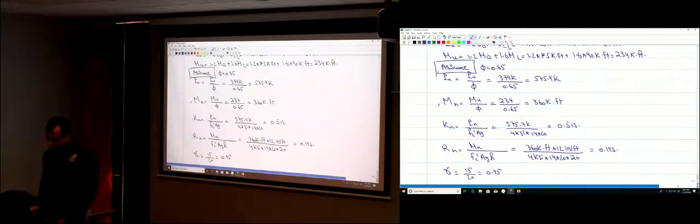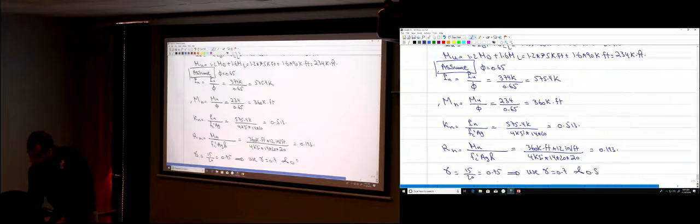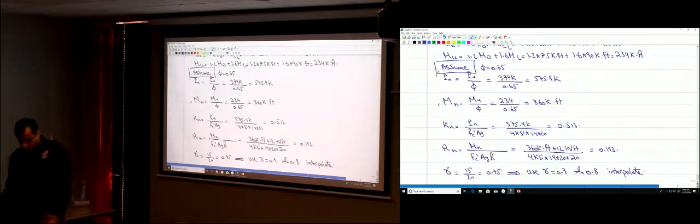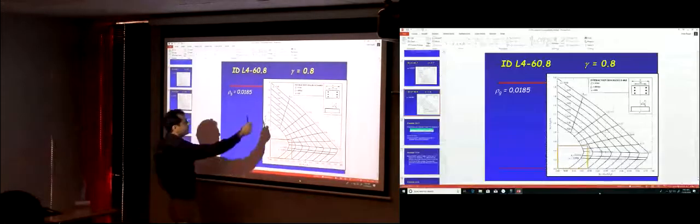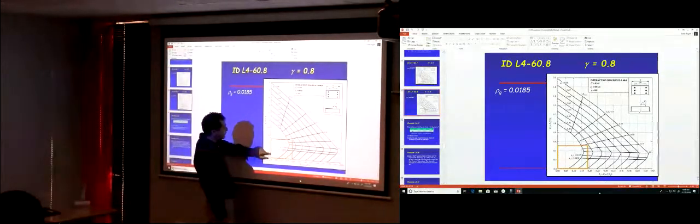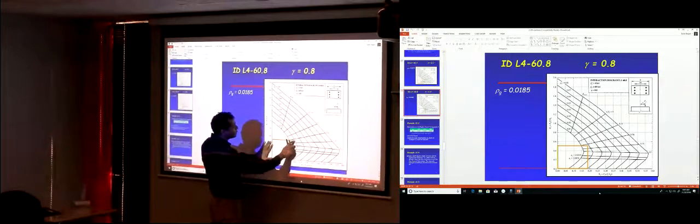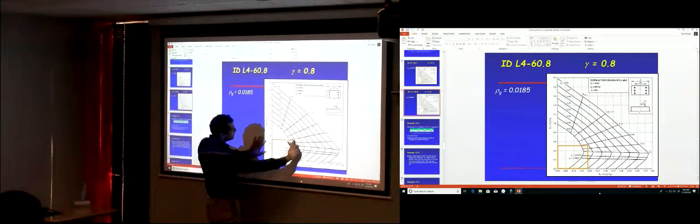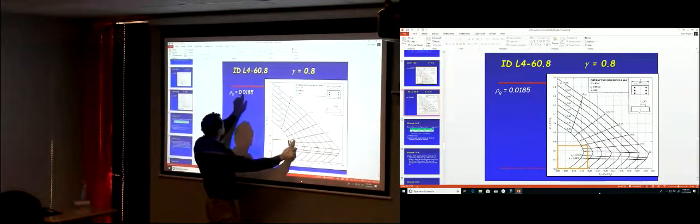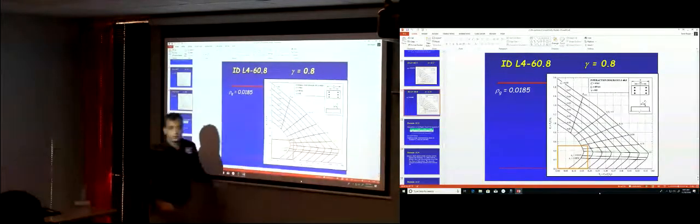So you actually have to use gamma equals 0.7 and 0.8 and interpolate. Over here, this is for 0.8. You plot the values of Kn and Rn and see how much rho is required. As you see, this is 1%, this is 2%, so it's 1.85%.